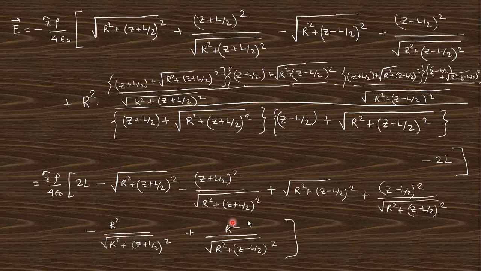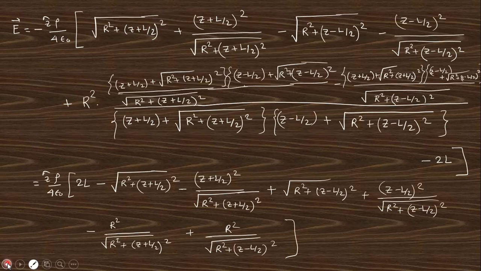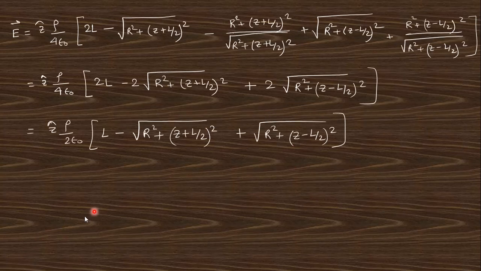If you take this to 1 and this to 1, you will get this one and that one, and if you cancel out one thing, finally you will get this one. Okay, so this is a big calculation, but you can do this and check with this slide, take a screenshot and check with this slide, and finally you will get this electric field.